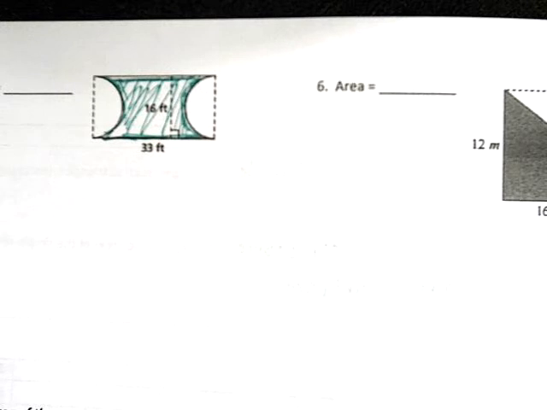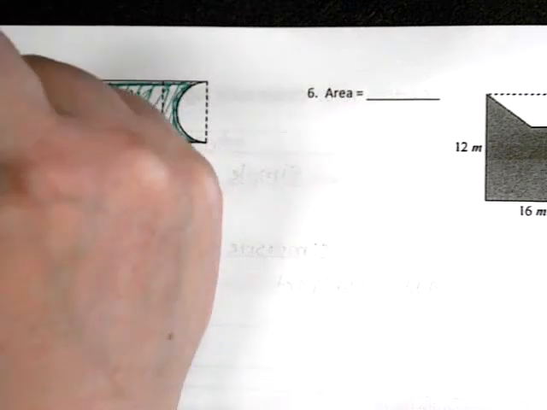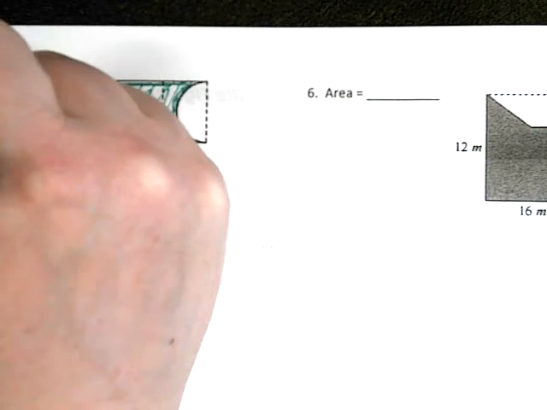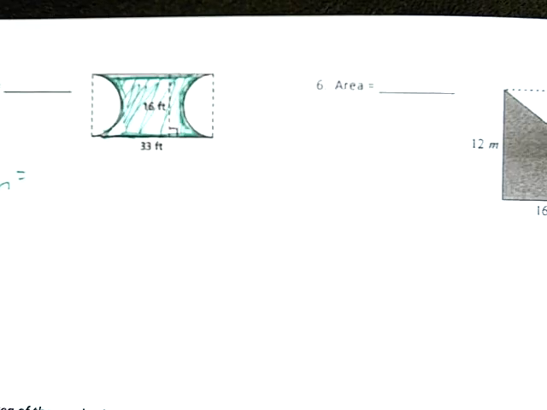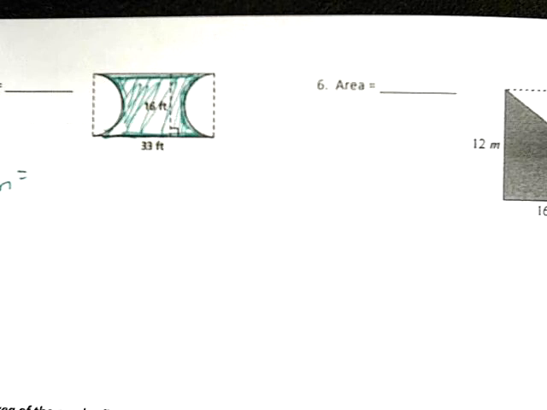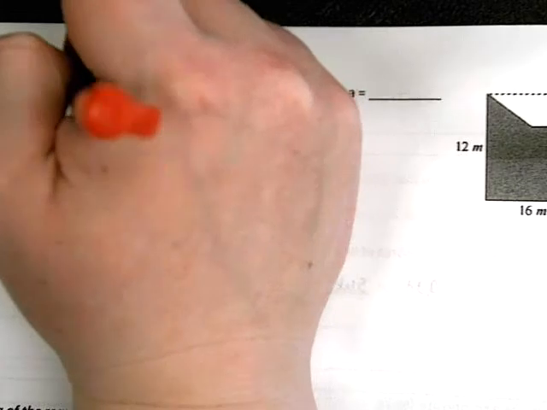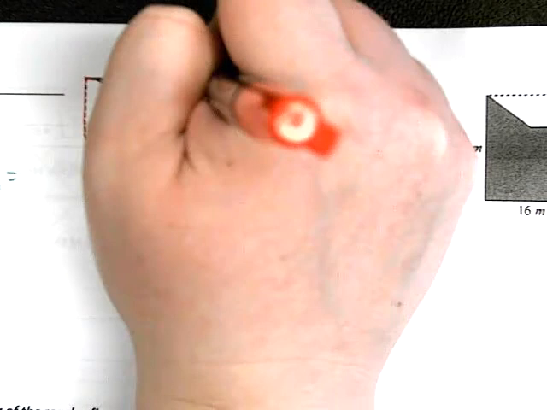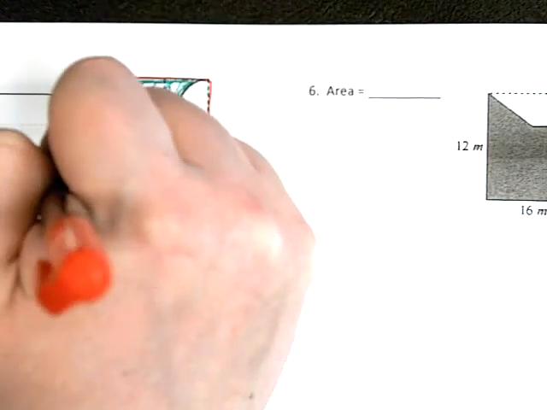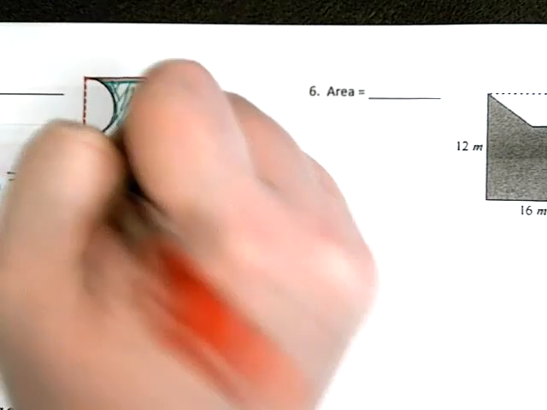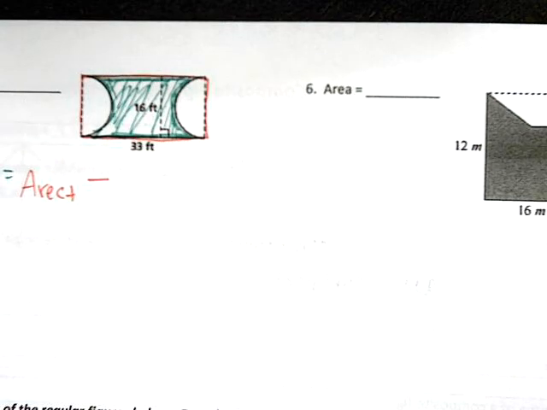So the area of that green, I think the easiest way to do it is to look at that whole rectangle area, and then subtract off the parts that we don't want.